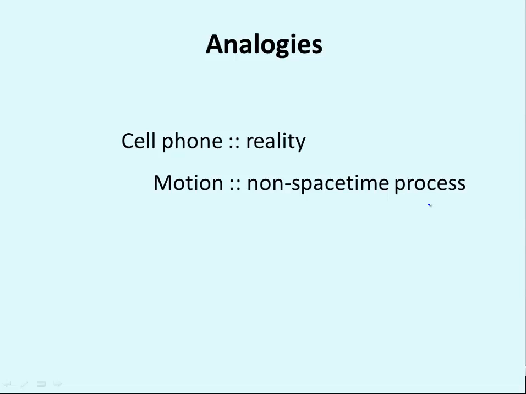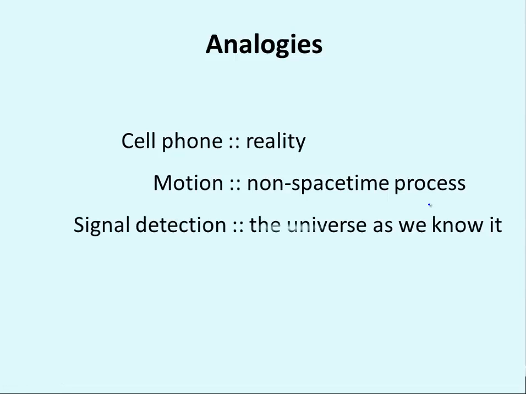Okay, so the motion of the cell phone in my example is representative of a non-space-time process. The signal detection, as I said, the moment where the cell phone detects the signal, I call that the universe as we know it. The configuration at that moment of detection is the configuration of the universe that we experience.